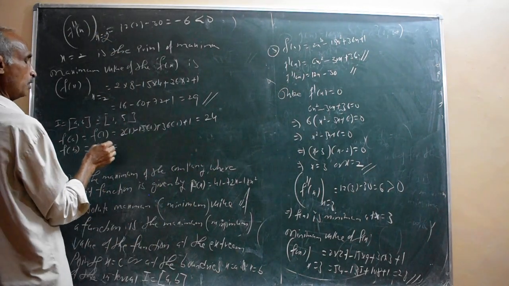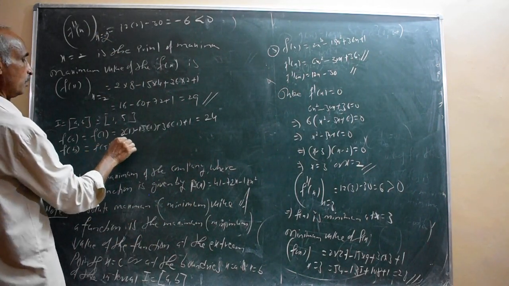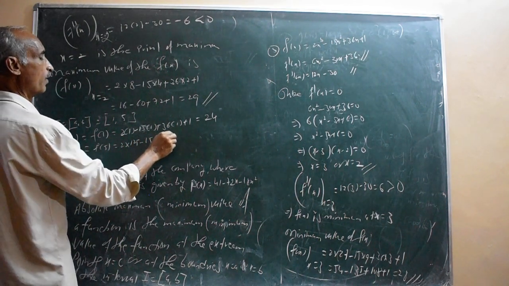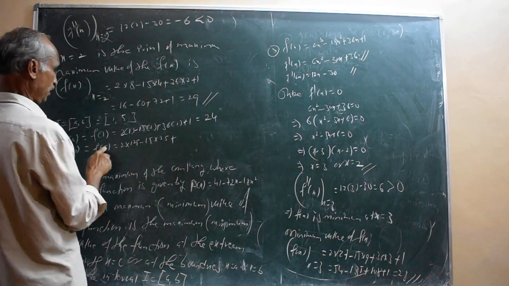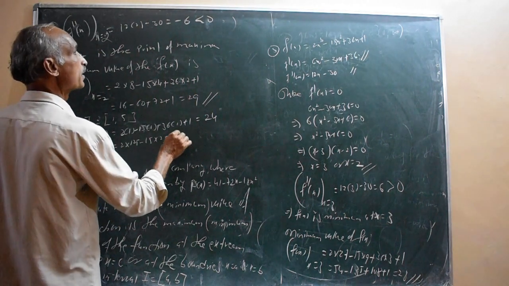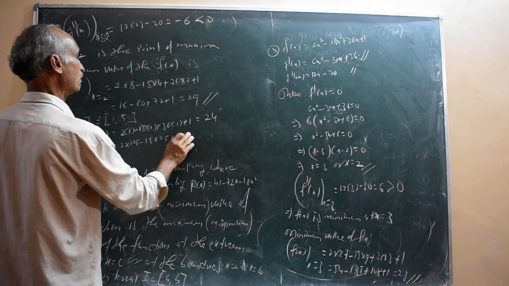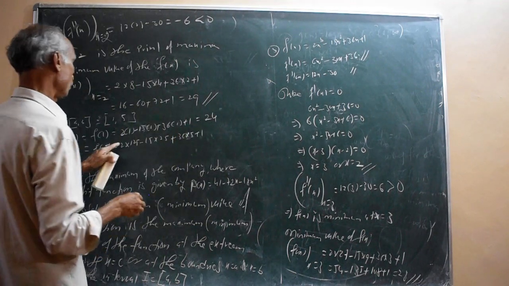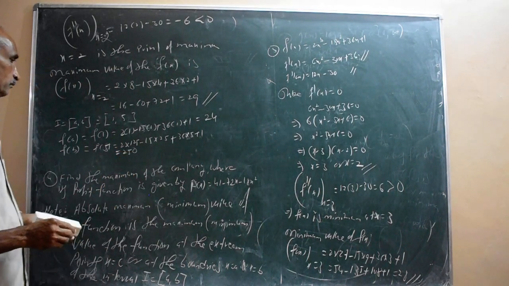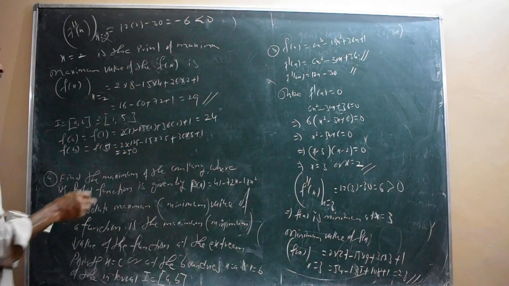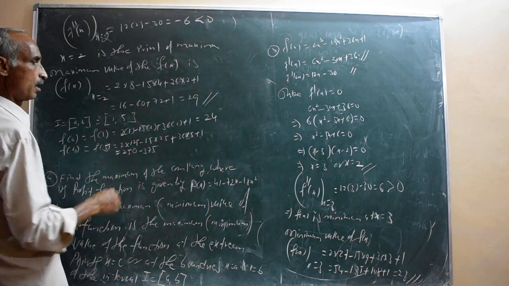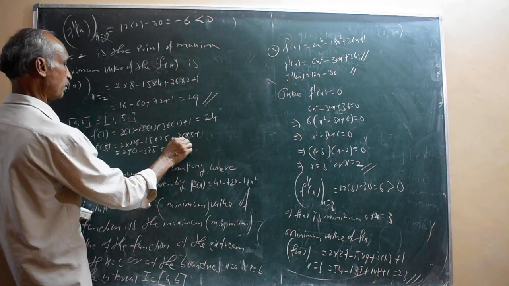2 into 5 cube. 5 cube is 125. Minus 15 into 5 square, 25. 5 square is 25. x is taken as 5, a is 1, b is 5. And plus 36 into 5, plus 1. 2 into 125, 250. 25 into 15, that's equal to 375. 36 into 5, 180, plus 1.